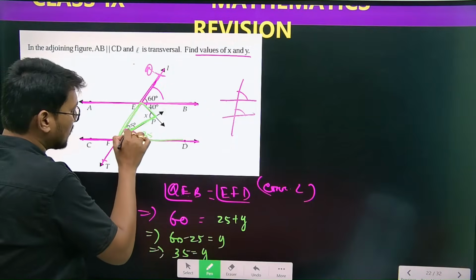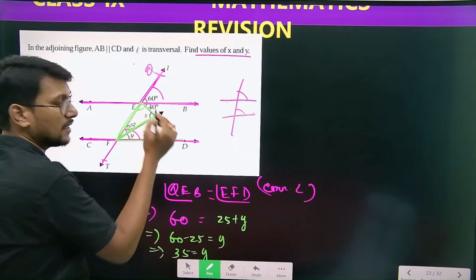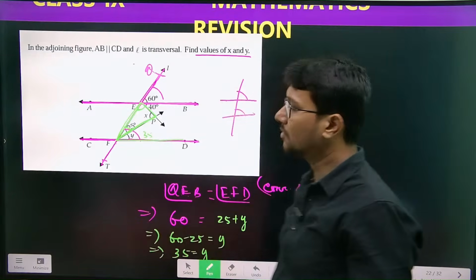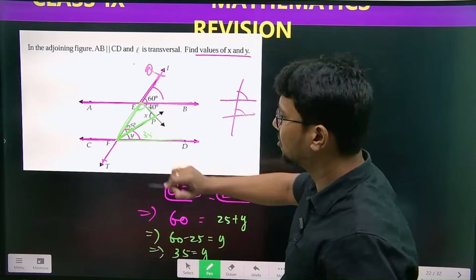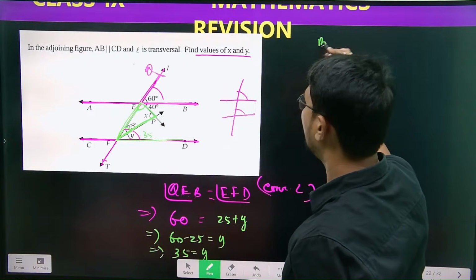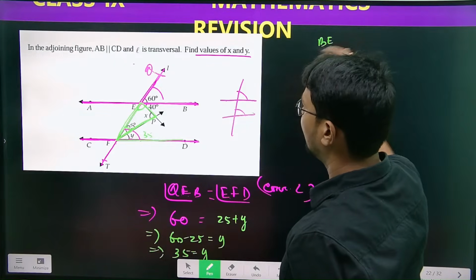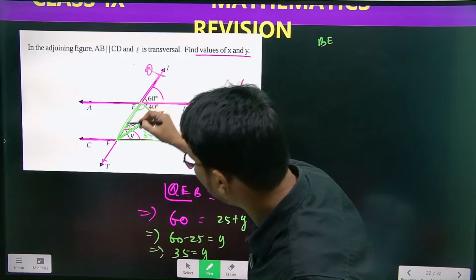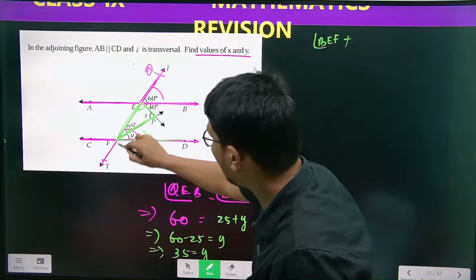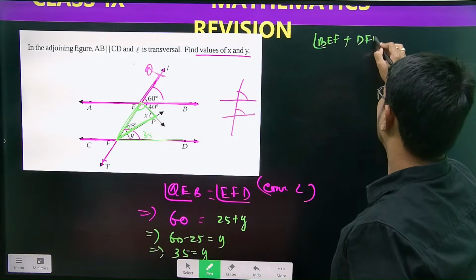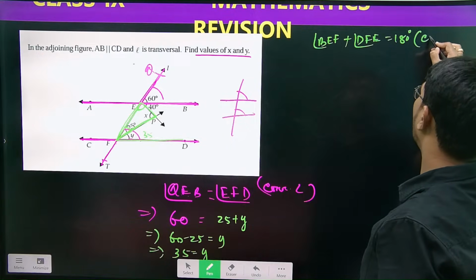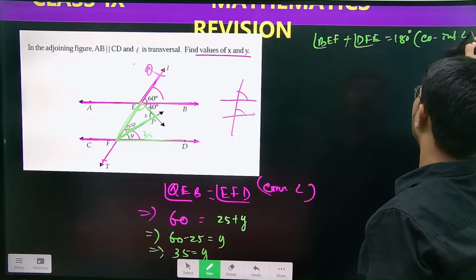If this angle is 25 and I find this angle, then I will get x directly. So the question is to find the angle at E. Tell me, angle BEF plus DFE is how much? It equals 180. Why? Because they are co-interior angles.